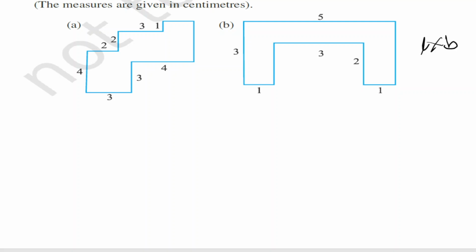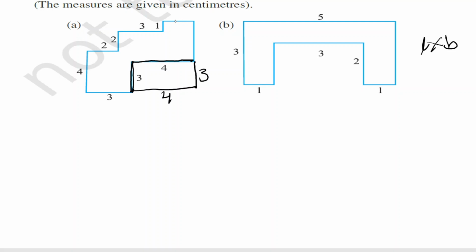So let's split this into rectangles and find out the area. Children, you know that here this length is given as 4 centimeters and this length is parallel to this length, so this is also 4 centimeters, and here it is 3 centimeters and this length is parallel to this length, so this is 3 centimeters.